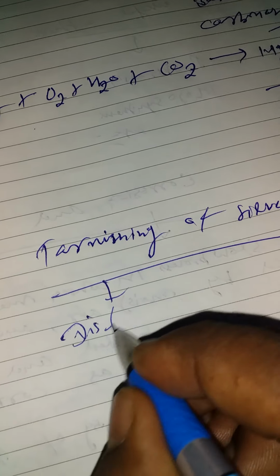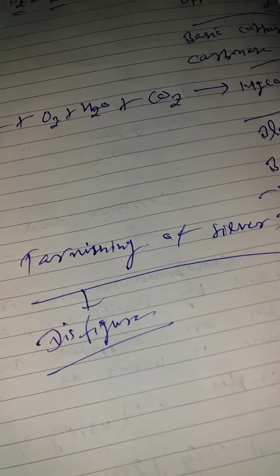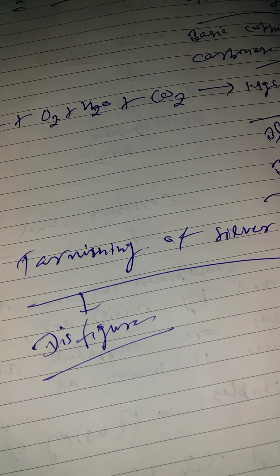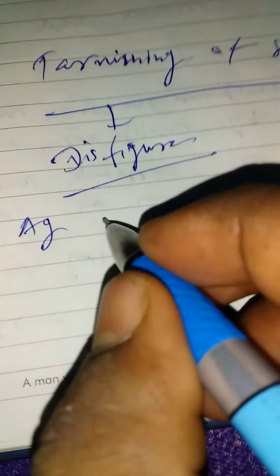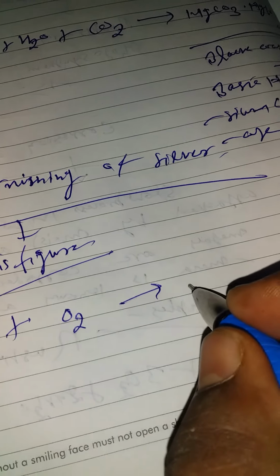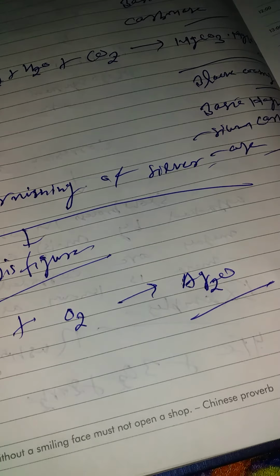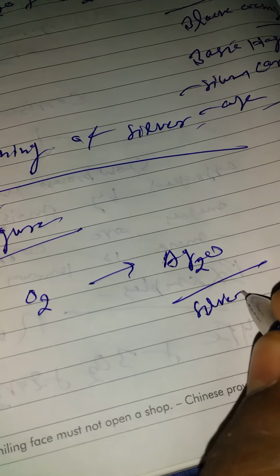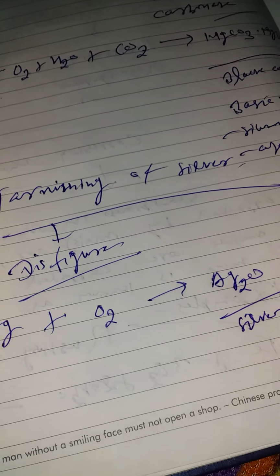Tarnishing means disfiguring of silver due to a black coating on the silver article due to corrosion, because silver reacts with oxygen to form silver oxide, Ag2O.